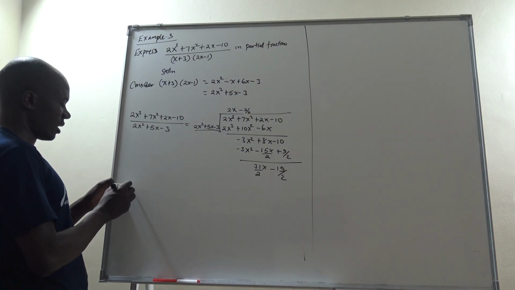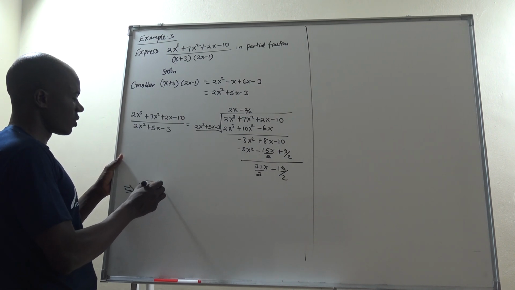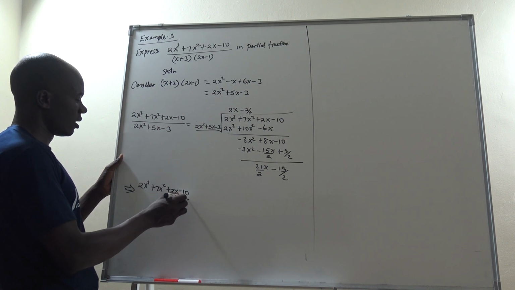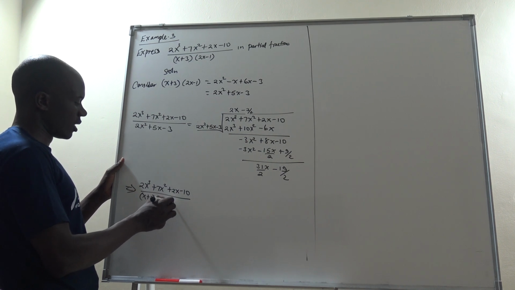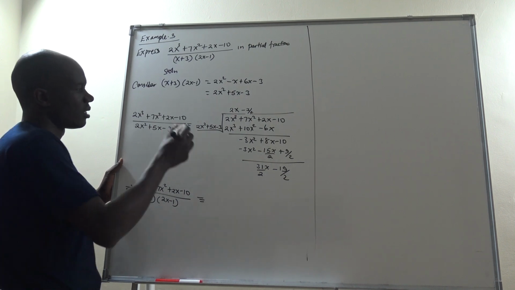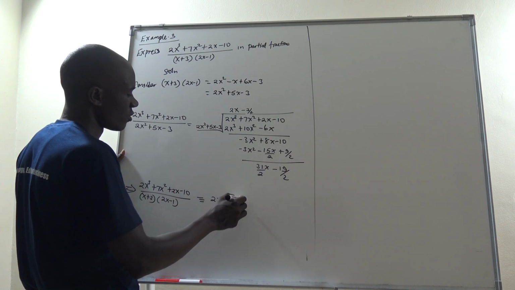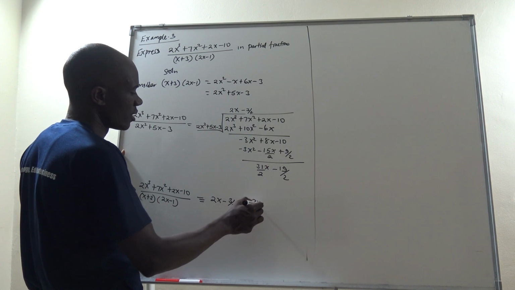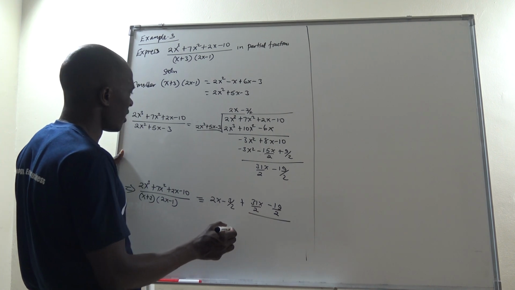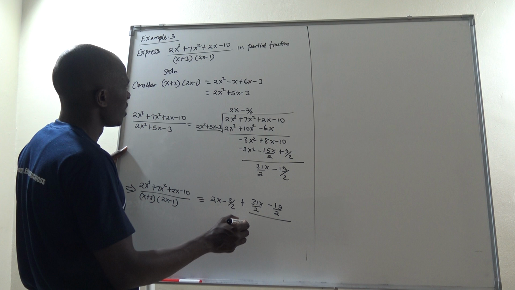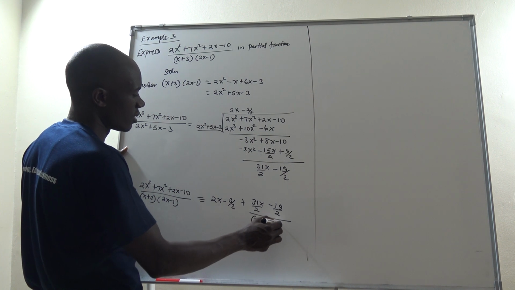So this implies that 2x cubed plus 7x squared plus 2x minus 10 all over (x plus 3)(2x minus 1) is the same as, you start by writing the quotient, which is 2x minus 3 out of 2, plus (31x out of 2 minus 19 out of 2) all over the divider, which is (x plus 3)(2x minus 1).